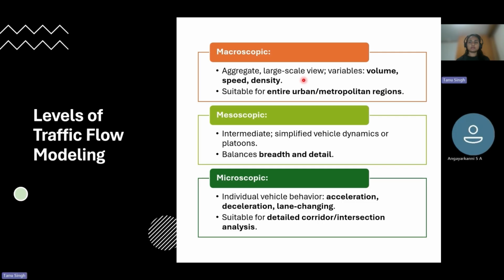In the macroscopic, we deal mainly with parameters such as volume, speed, and density. Mesoscopic lies in between the two, whereas microscopic deals with individual traffic. Individual driver behavior is included in the microscopic parameters analysis.